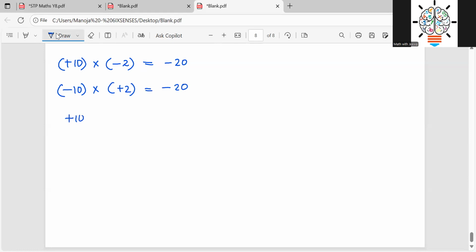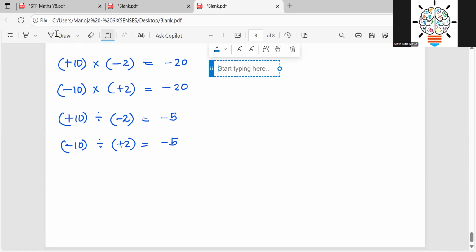The same way, positive 10 divided by negative 2, or negative 10 divided by positive 2, it is negative 5, right?